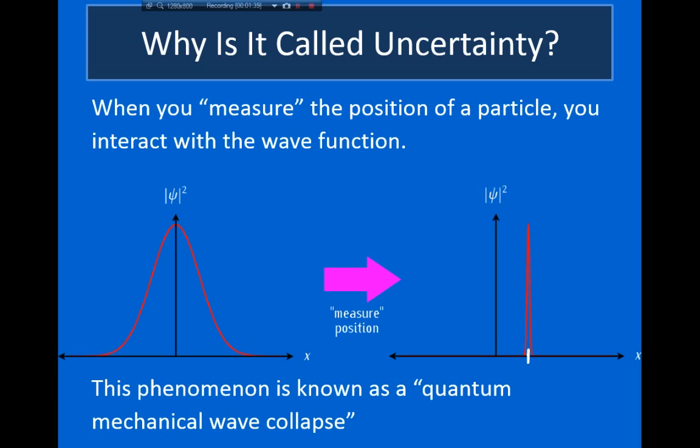And one thing that I should mention about quantum mechanical wave collapse is that this is still a very active area of research, and it's very closely related to something called decoherence. What decoherence is, is that if you have some kind of wave function, and that wave function is interacting at all with its environment, which naturally is going to be a very complicated thing that involves many, many different particles, then that wave function is always going to evolve forward in time towards very specific types of states.